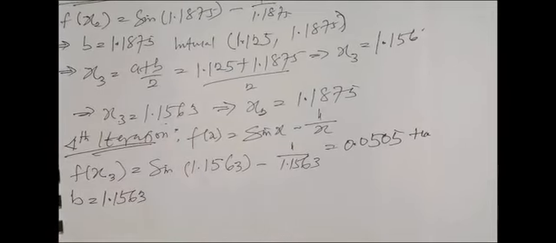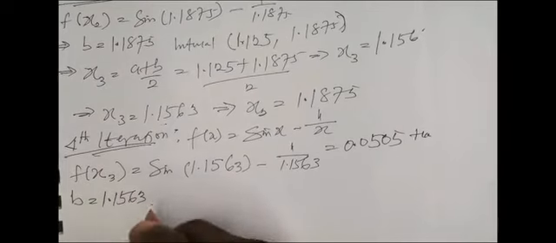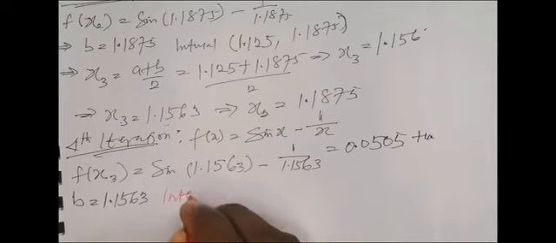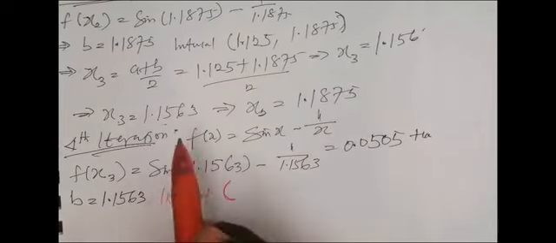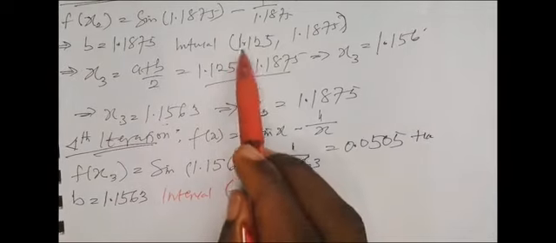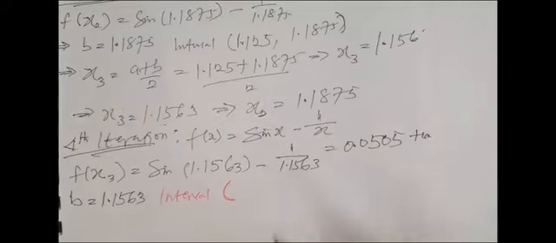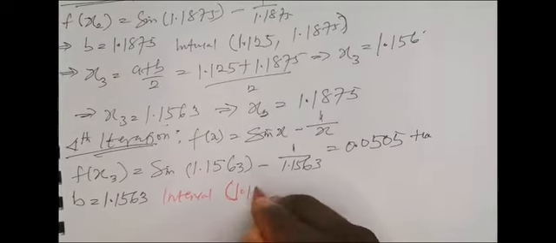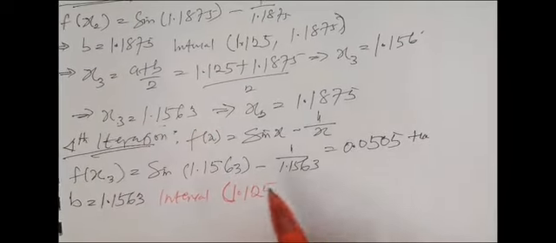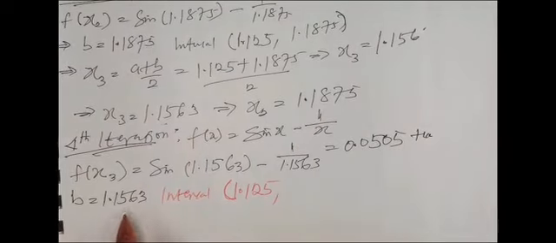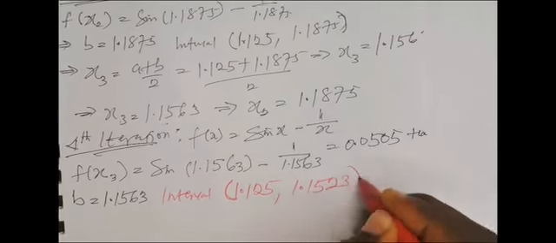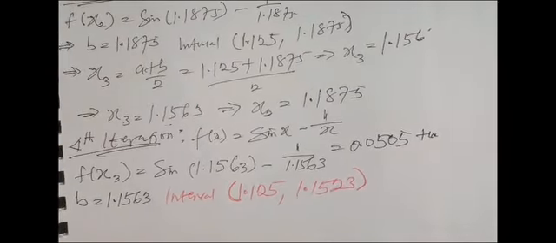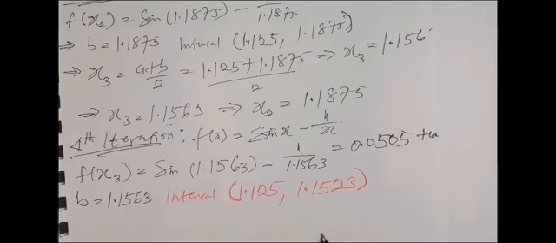So the new interval is now going to be, since b is changing, a still remains 1.125, but b is now changing to 1.1563. Now this simply means that the root of the equation lies between these 2 points.